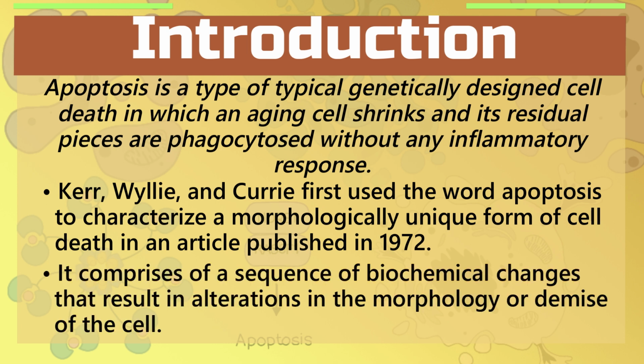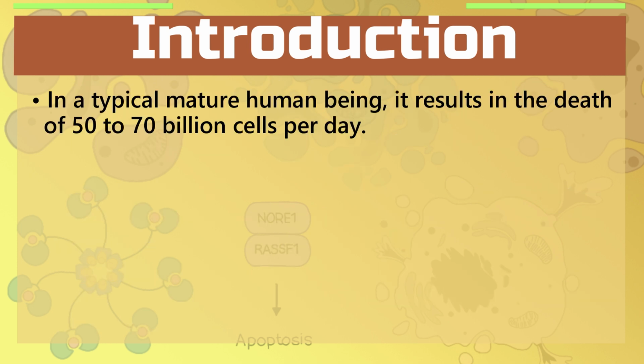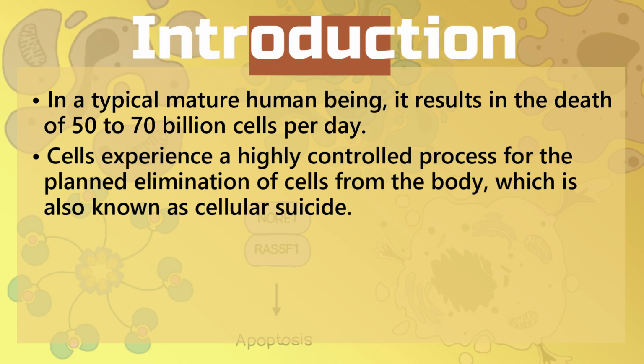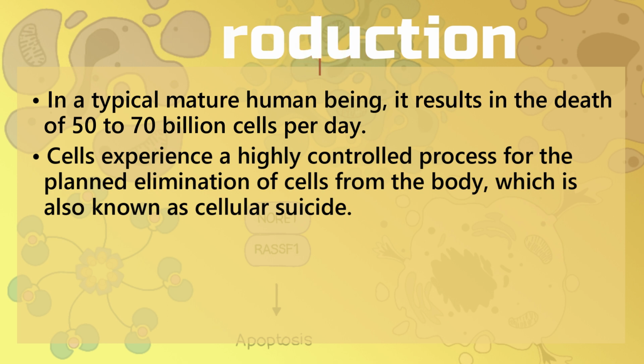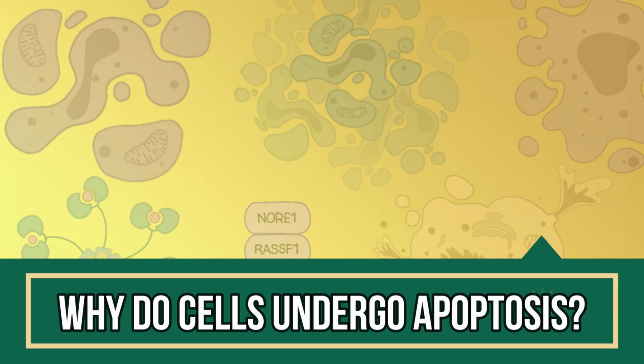It comprises a sequence of biochemical changes that result in alterations in the morphology or demise of the cell. In a typical mature human being, it results in the death of 50 to 70 billion cells per day. Cells experience a highly controlled process for the planned elimination of cells from the body, which is also known as cellular suicide.